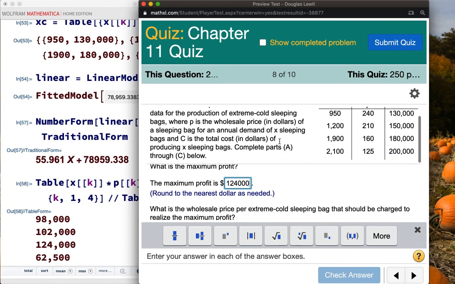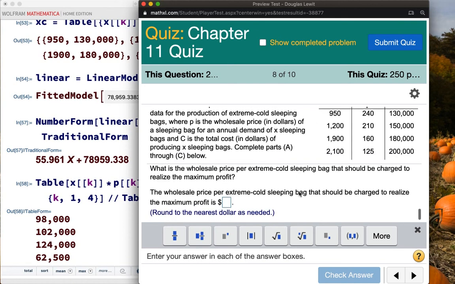Complete parts A through C below. Okay, so this last question is a little weird. The wholesale price per extreme cold sleeping bag.